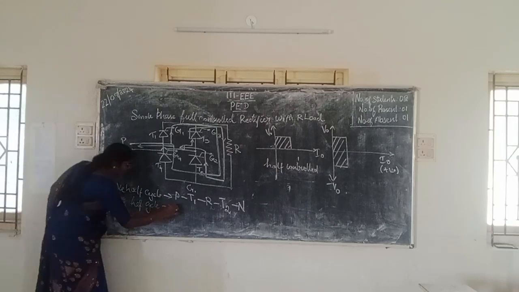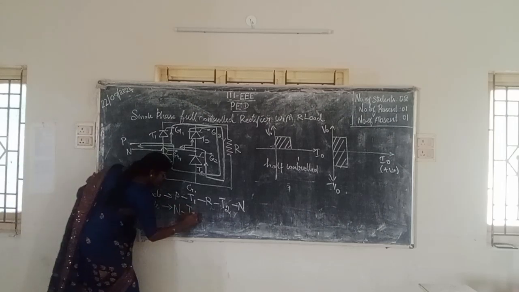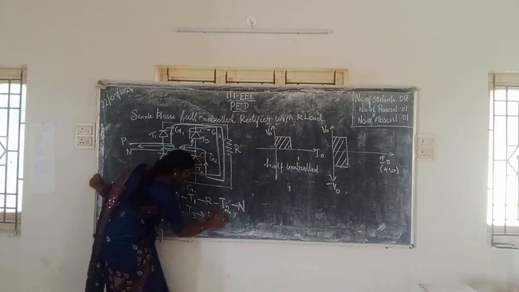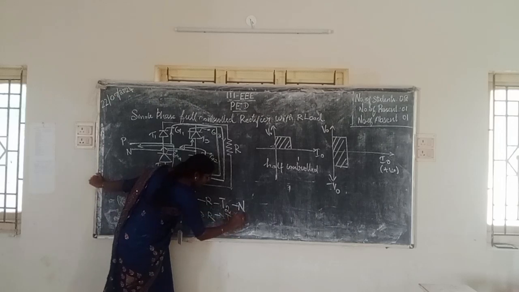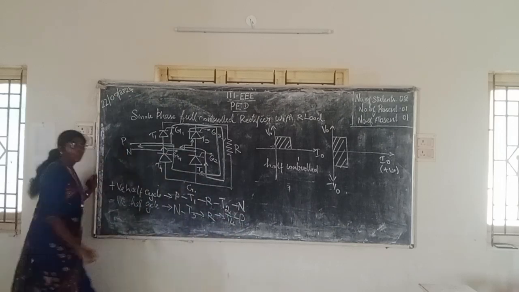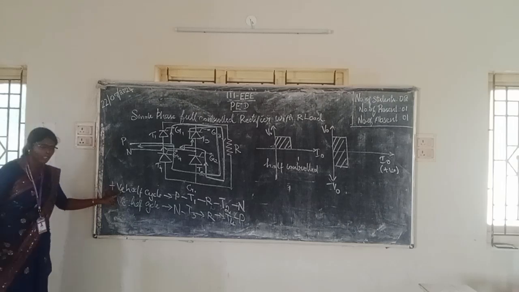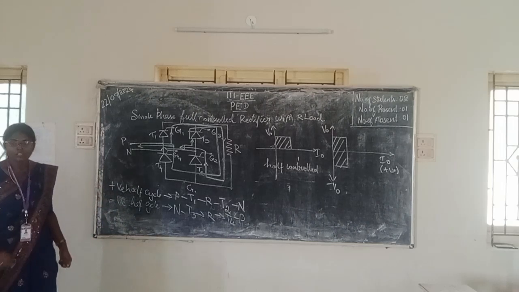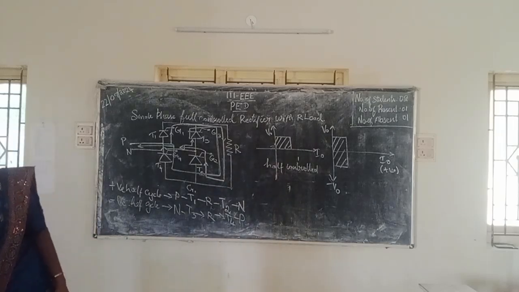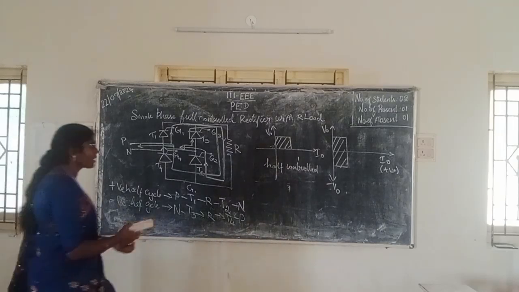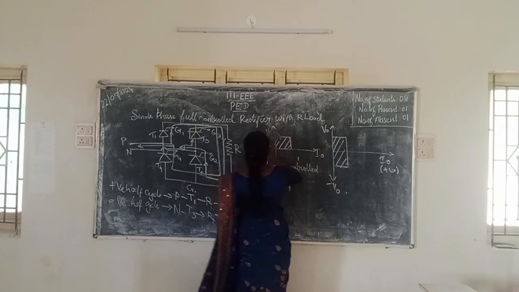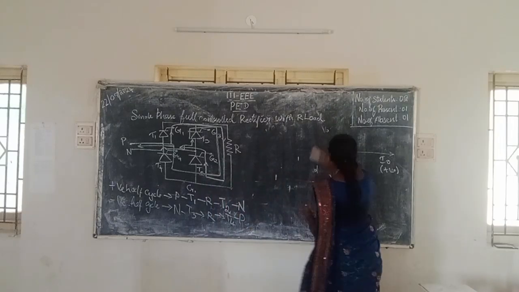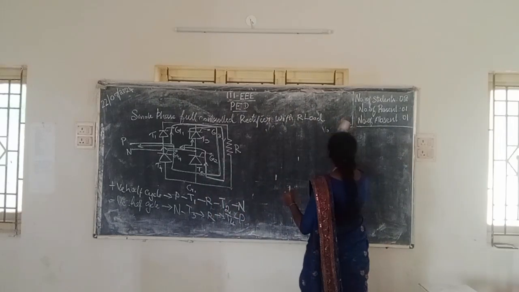So that is from neutral to T3, to the resistive load R, then to T4, then to phase. This is the positive half cycle operation and this is the negative half cycle operation. Clear? So now the voltage source conduction and the output DC voltage remain in both the positive half cycle and the negative half cycle. So how will the waveform be then?